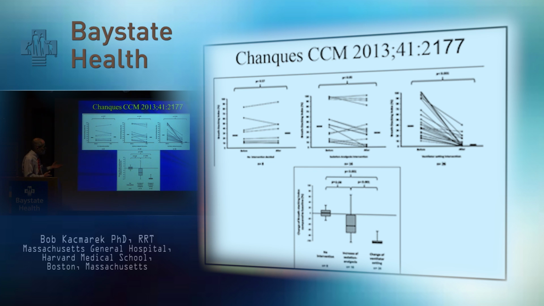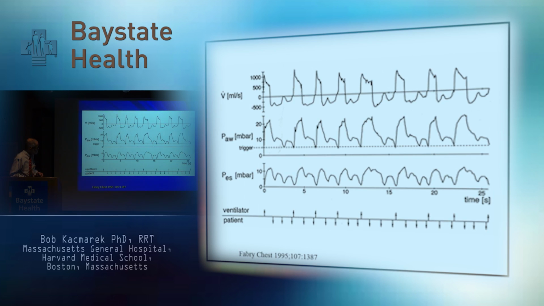Same thing can happen in pressure control, but a little less likely because flow asynchrony is not as frequent or as obvious because of the way pressure ventilation actually works. But that's the problem with dealing with these two very serious asynchronies, is sometimes it's a trade-off as you try to adjust the ventilator to get rid of one or the other of the problems.